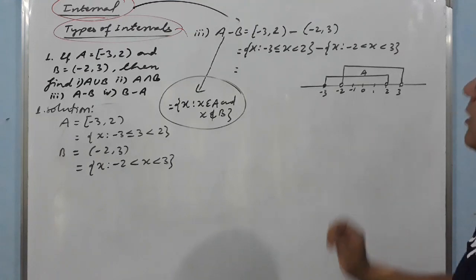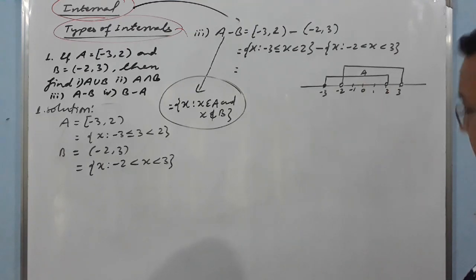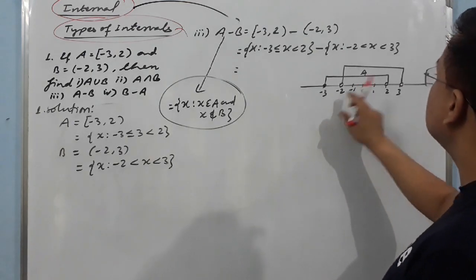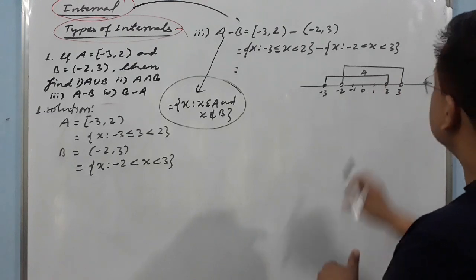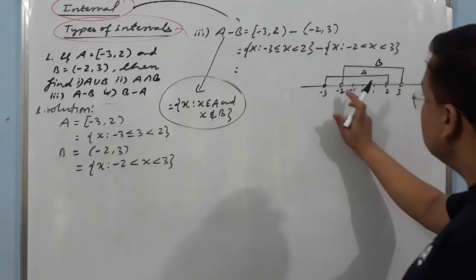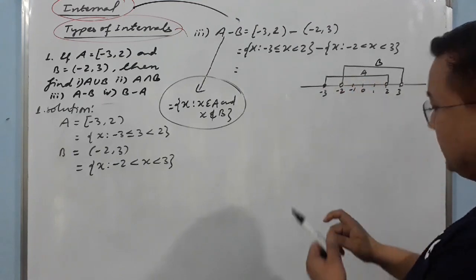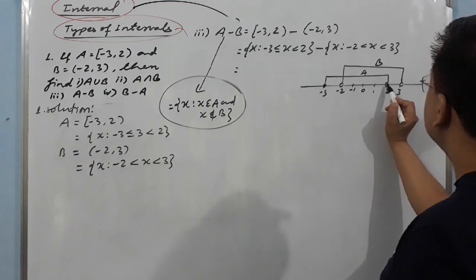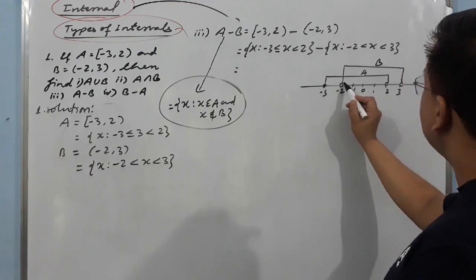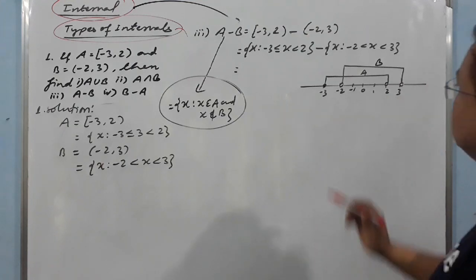Elements of A which are not belonging to B, right? So as you know, minus 2, this is not in B, right? Minus 3 here, empty. But minus 2 is also an element of A, because A is from here to here, but B is from here to here except negative 2 and 3.